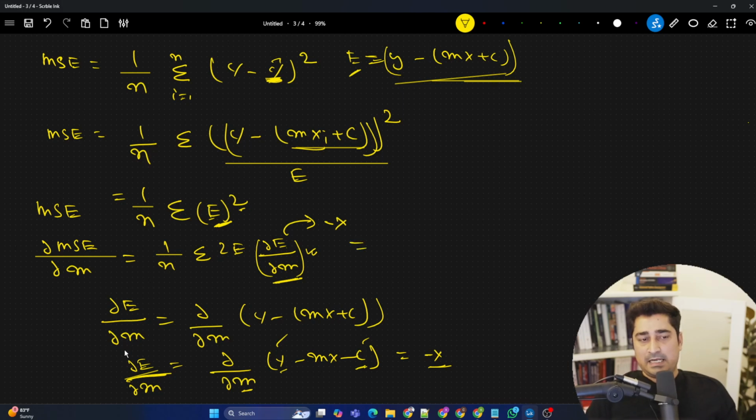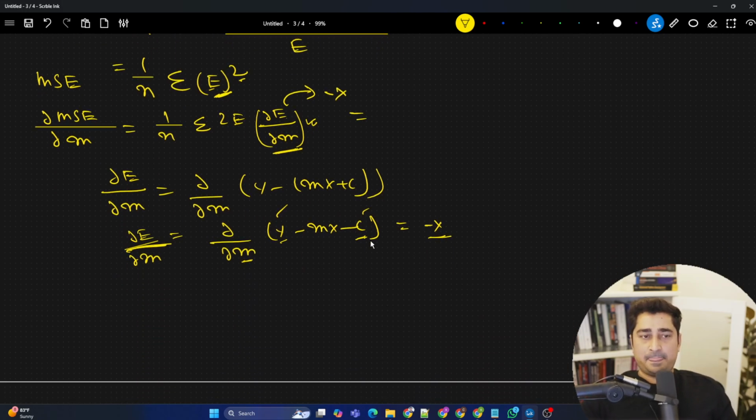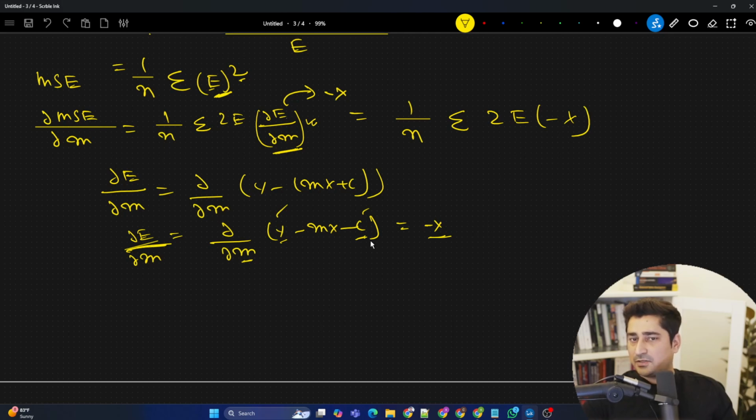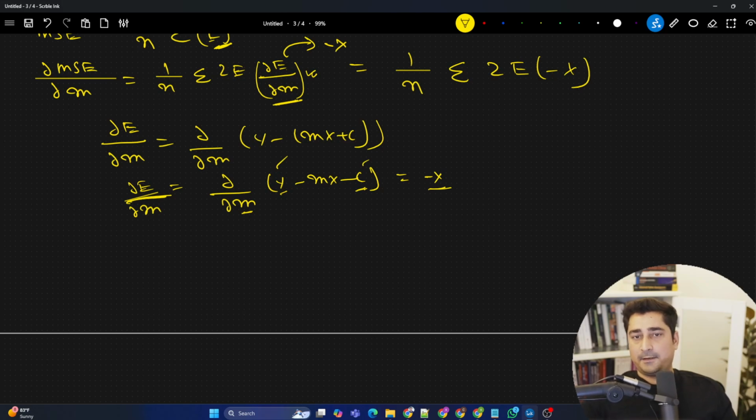Simple calculation. So now I can replace this term with minus of x. Now this entire equation will become summation of 2e minus of x. Can I say that? Yes, 2e minus of x. Agree, everyone? 2e minus of x. Now let's try to substitute the value of e over here.